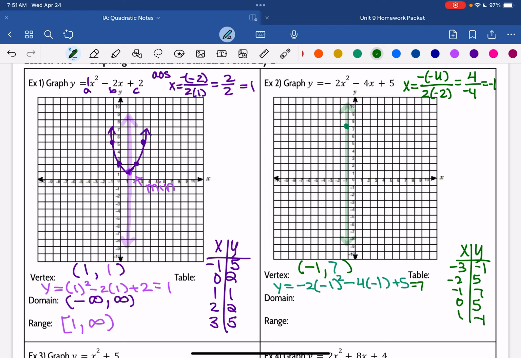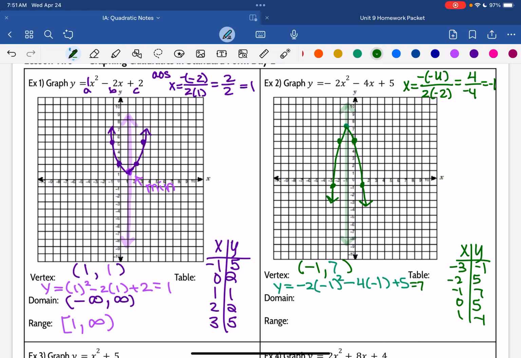Okay, so now at negative 3 we are at negative 1. Negative 2, we're at 5. And then honestly, we're just flipping it over that axis of symmetry. There's my points. There's my graph.